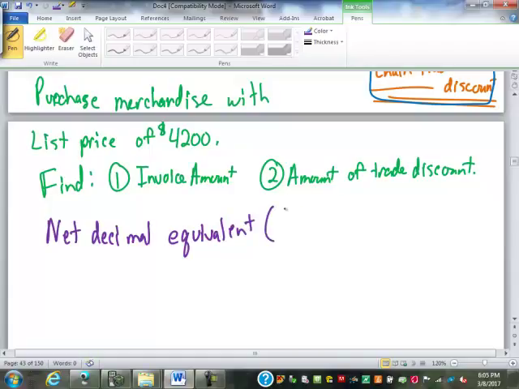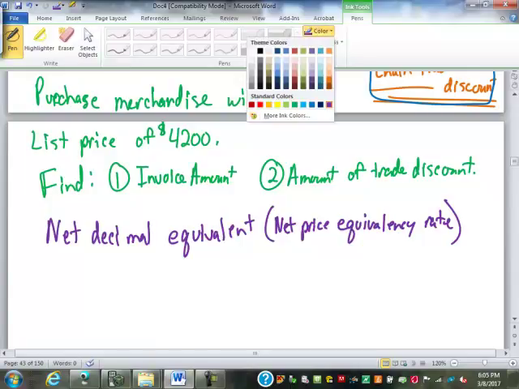Sometimes referred to as a net price equivalency. Varying on what textbook you're looking at or what company you're working for, there are slightly different names.